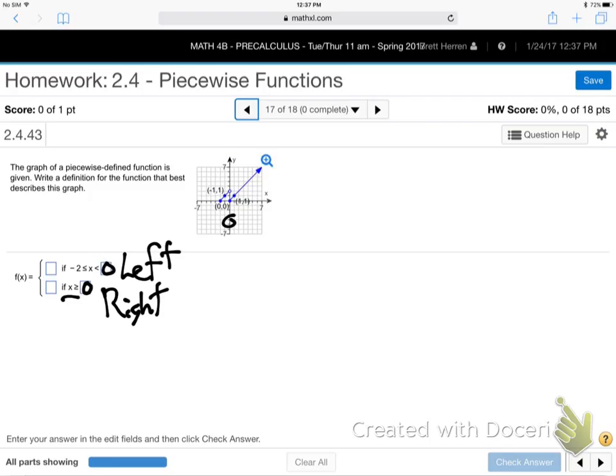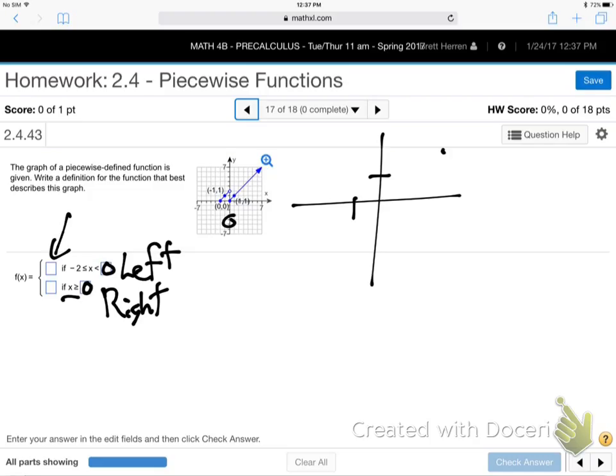Okay. And now, what is the function, though? What is the left function? Basically, I have to look at that picture and come up with the equation. Let me blow it up a little bit. It's going from minus 1, 1, looks like.